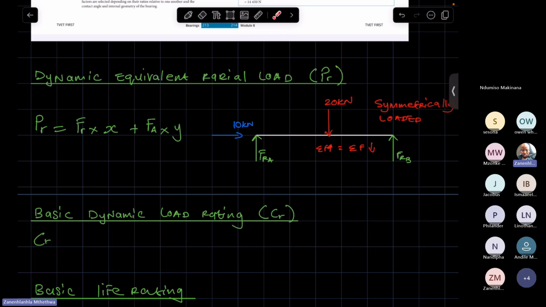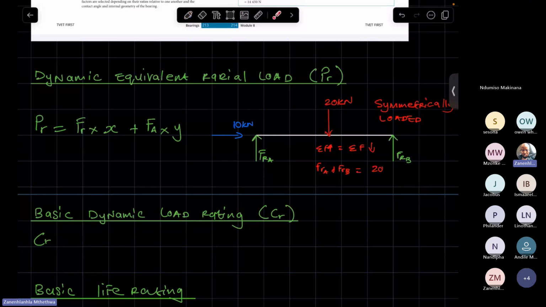By using sum of forces going up equal to sum of forces going down, you simply say FRA plus FRB is equal to the force going down, which is 20,000 newtons.